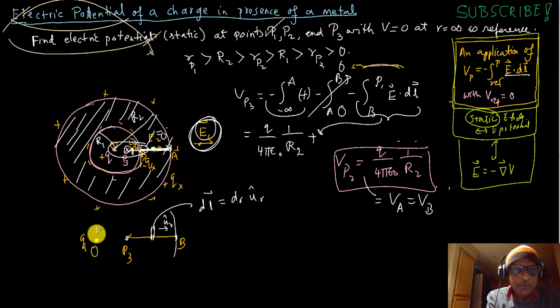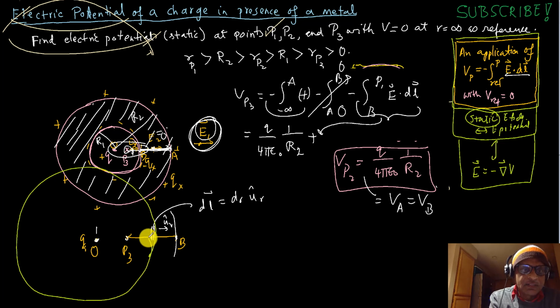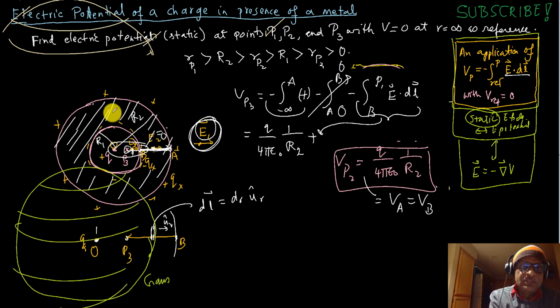So if I have point charge q here, and I'm in a spherical situation, I use a Gaussian surface. This is Gauss's law. Using the symmetry, the Gaussian surface corresponds to a spherical surface, and this is the distance little r.